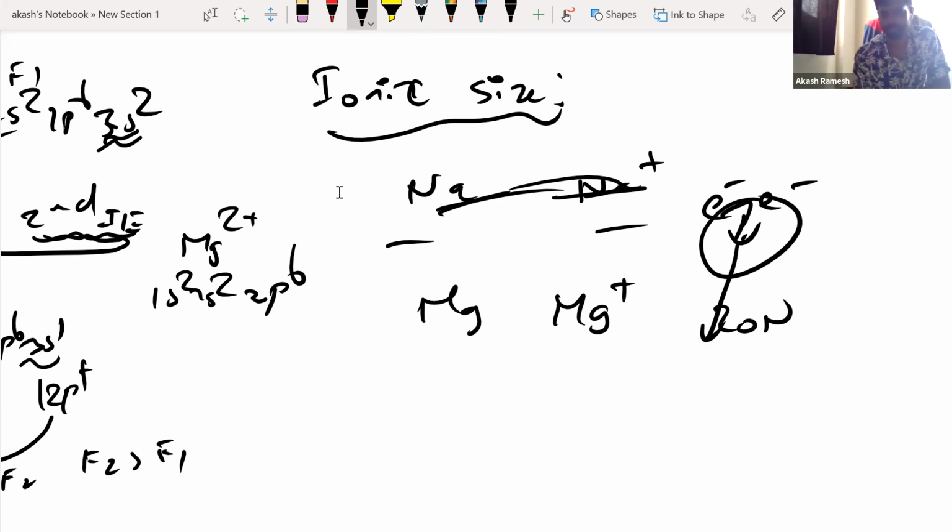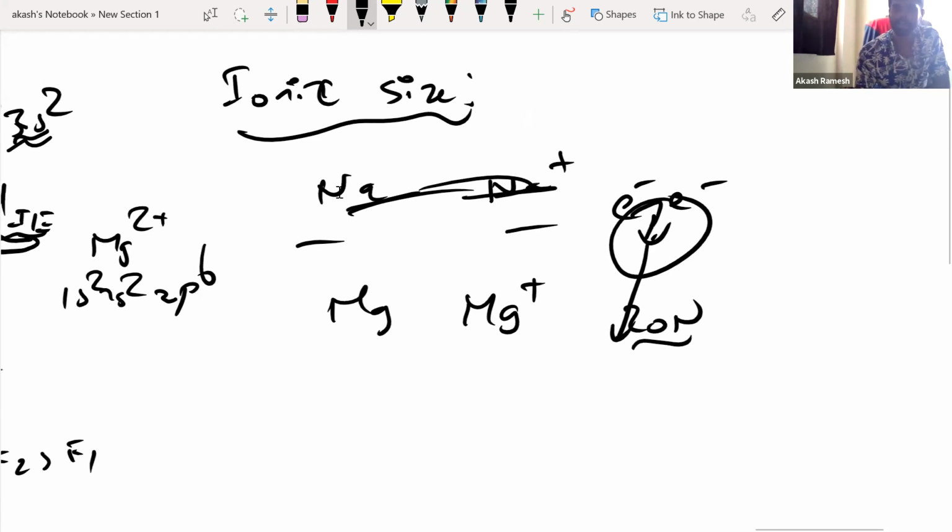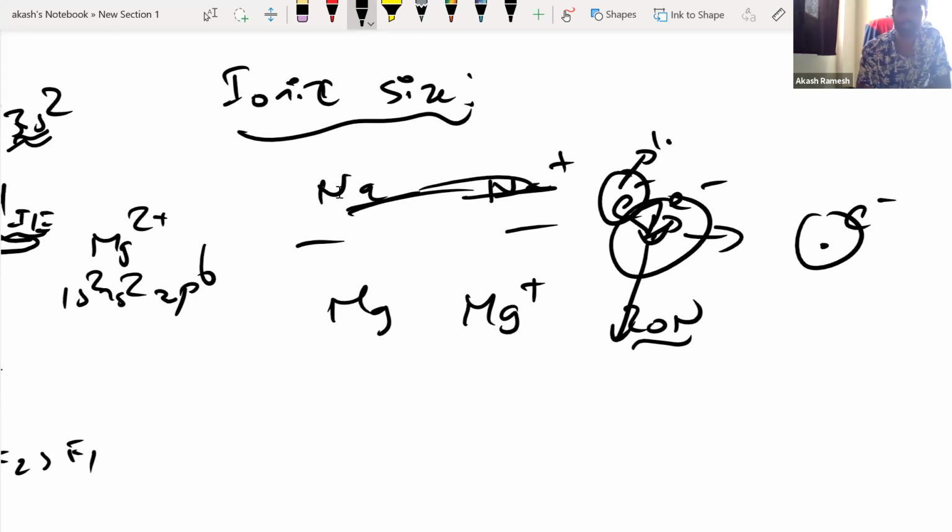Now I remove an electron. I have a nucleus and only 1 electron. Earlier, this electron would suffer 10 Newton and that electron would suffer 10 Newton. Now that I have only 1 electron, the total force is still 20 Newton.